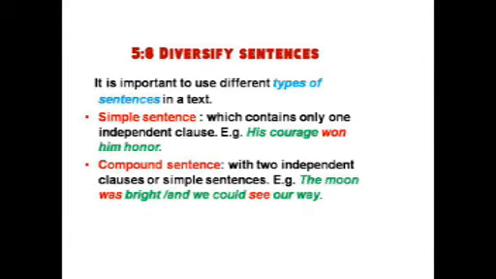We can break that compound sentence into two independent sentences: the moon was bright, and we could see our way. These two sentences are joined together with and. Again we see two different verbs there. First one is was and the second verb is see. That's why it is a compound sentence.